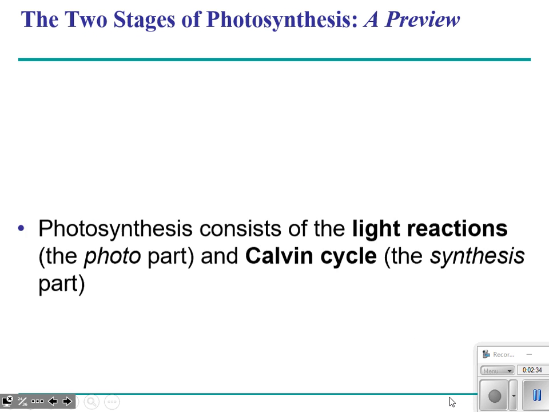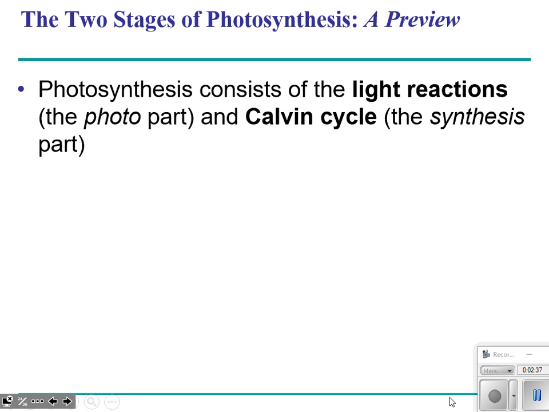The stages of photosynthesis. Okay? The stages of photosynthesis are broken down into 2 parts, and it is dealing with the photo and the synthesis. The photo part is what we call the light reactions. The synthesis part is what we refer to as the dark reactions, or it's also known as the Calvin cycle.